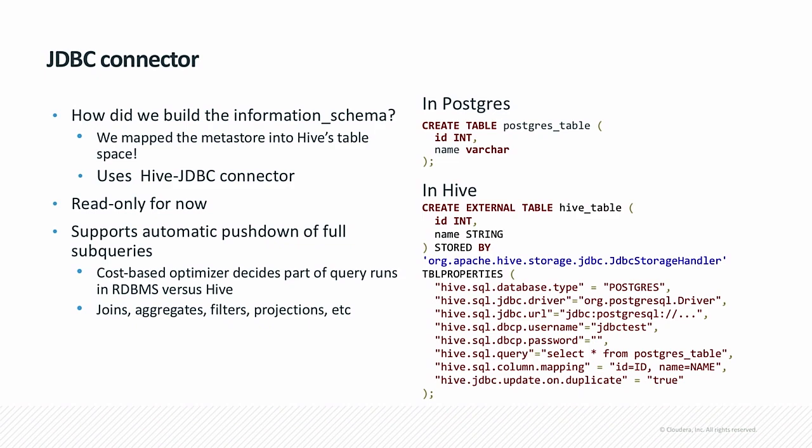If the optimizer detects that this can all be done within the remote database system, then it'll push that all down and send the query to the remote database to run, rather than having to pull everything from the database and do it in Hive.